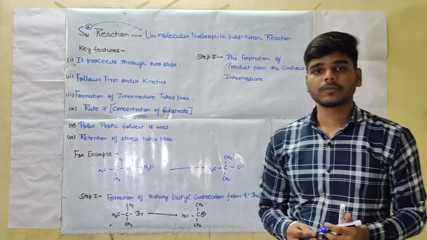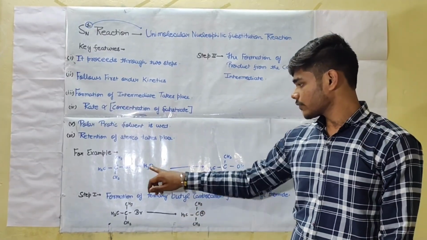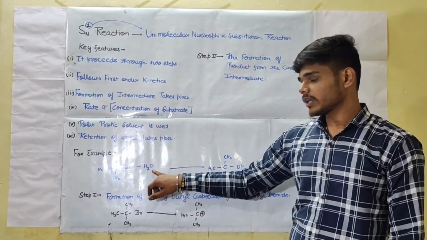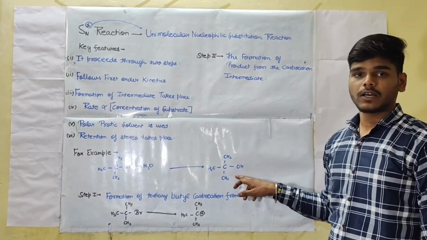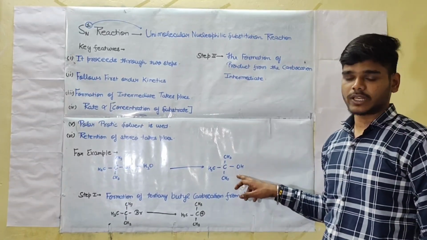In this step, the nucleophile generated from H2O, which is OH minus, attacks the carbocation, forming the tertiary butyl alcohol as a product.